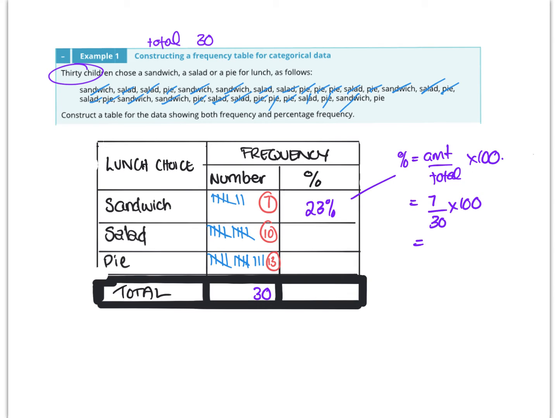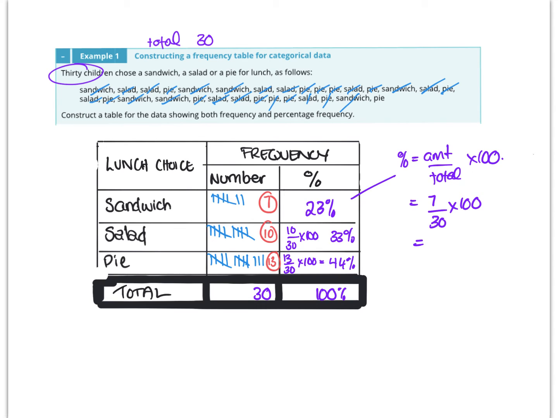Then the salad, we'd have 10 out of 30 times 100, so we get 33%. And the last one would be 13 out of 30 times 100. We want it to add up to 100%, so I'm just going to round that one and say that it is 44. But if you wrote 43, I won't mark it wrong.